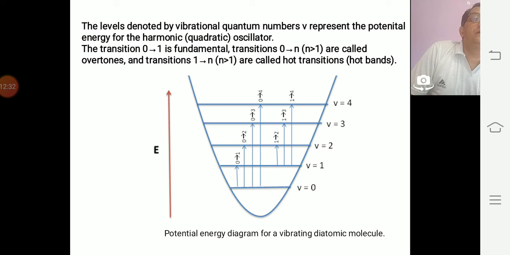Transitions 0 to n, where n is greater than 1, such as 0 to 2, 0 to 3, 0 to 4, are all overtone transitions. And transitions 1 to n, where n is greater than 1, are called hot transitions, or hot bands.